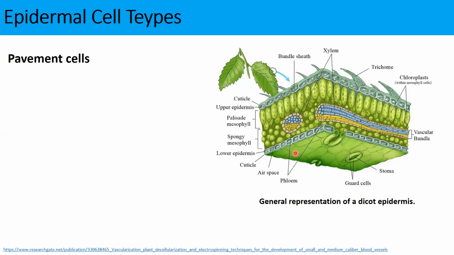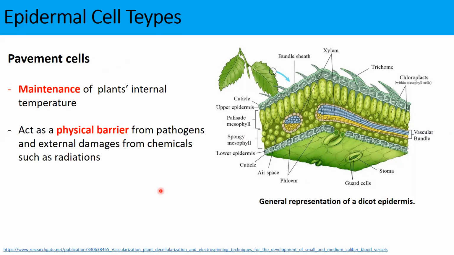Pavement cells are involved in the maintenance of the internal temperature of the plant. These pavement cells also act as a physical barrier from pathogens and external damage from chemicals such as radiations.